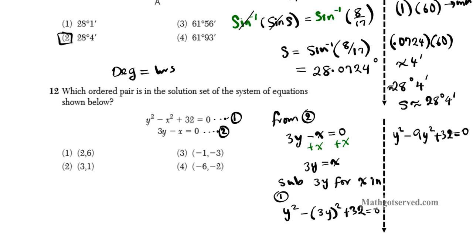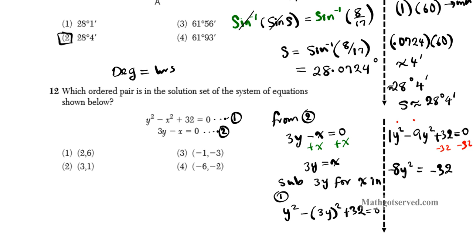Okay, so we can subtract 32 from both sides. And then since these two are like terms, we can combine them, okay? So imagine that there's a 1 in front of this y squared. Positive 1 minus 9 is going to give you negative 8y squared equals negative 32.